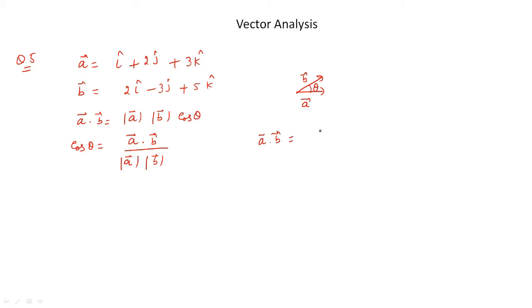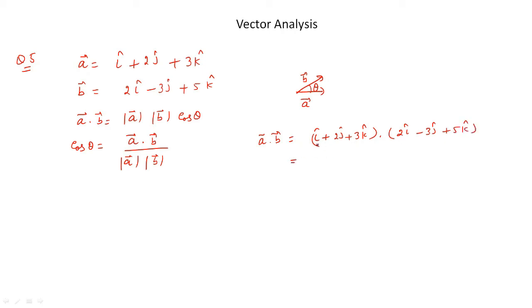So for A dot B, first I will write i plus 2j plus 3k, then dot 2i minus 3j plus 5k.